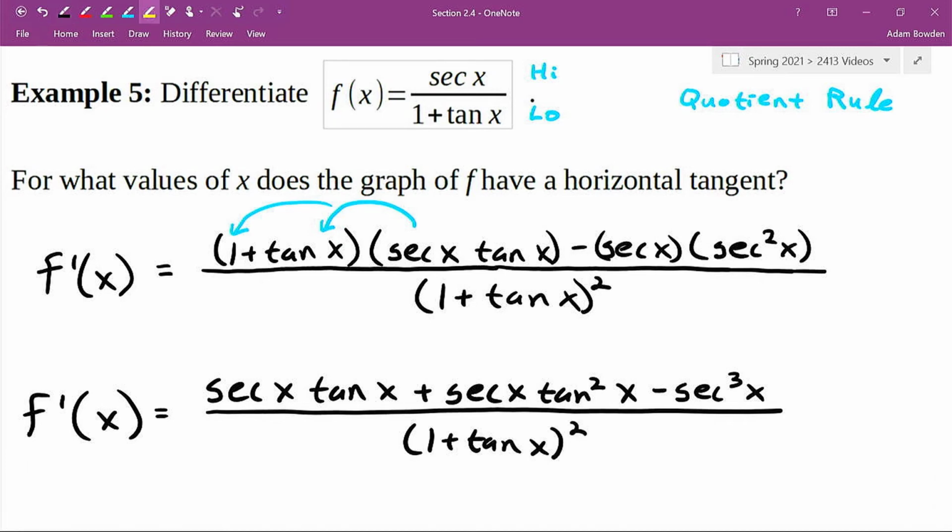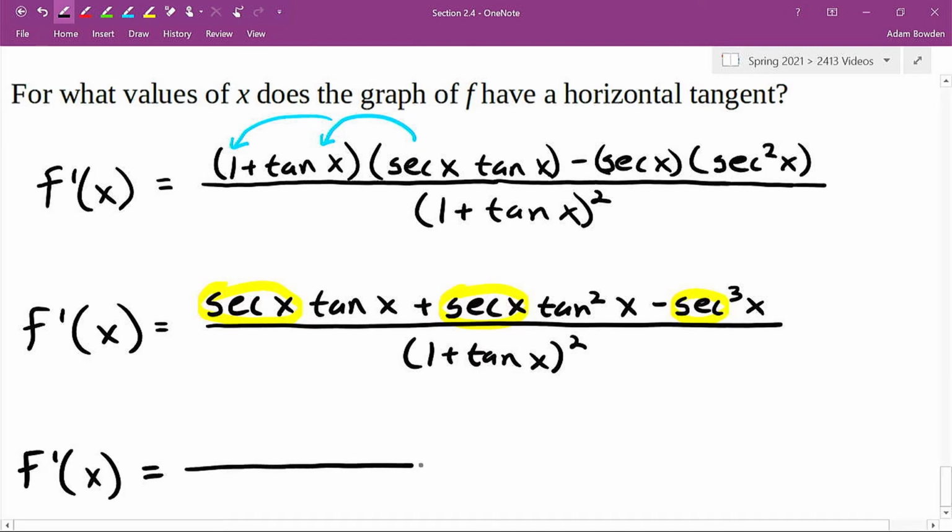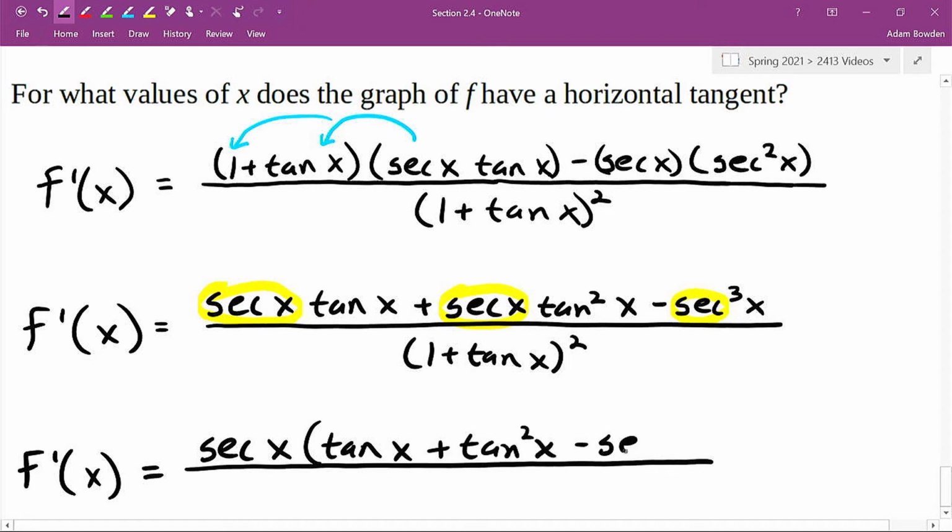Now what I'll do in order to try to get some simplifications going is there is a common factor of secant across all these terms. So let's go ahead and rewrite it and factor out that secant x. Then I'll make it look like secant x, and then in parentheses tangent x plus tangent squared x minus secant squared x, all over 1 plus tangent x all squared.